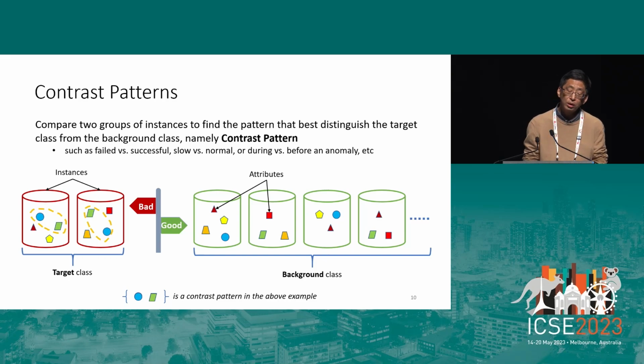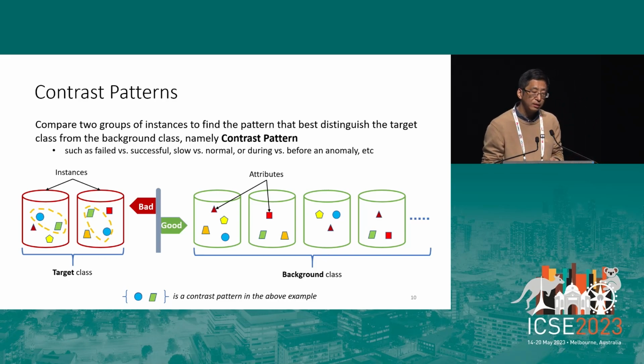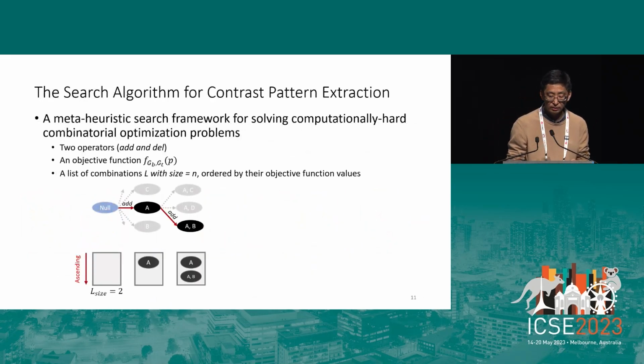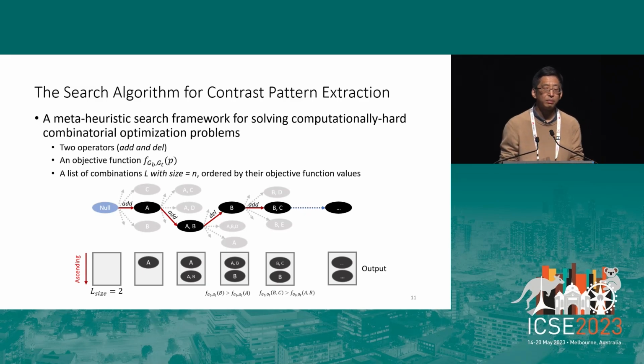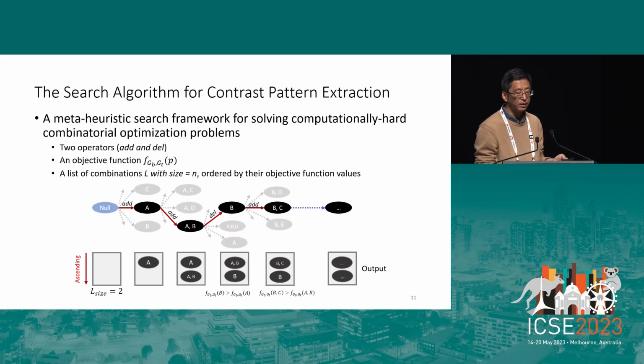Okay, so in order to locate these contrast pairs, we propose a simple search-based method, which is a simple meta-heuristic method for solving this kind of combinatorial optimization problem. So we use two simple operators, add and delete, right?